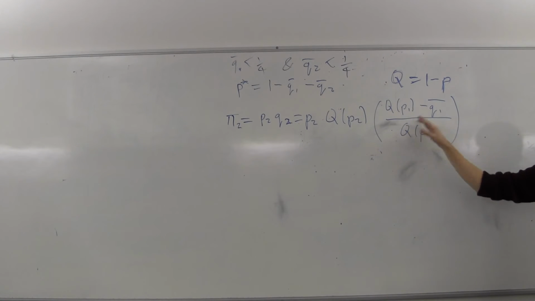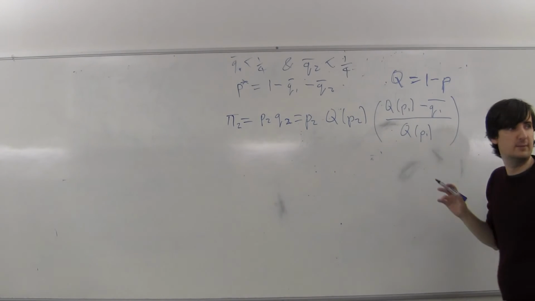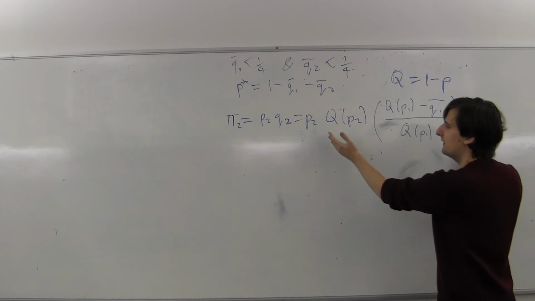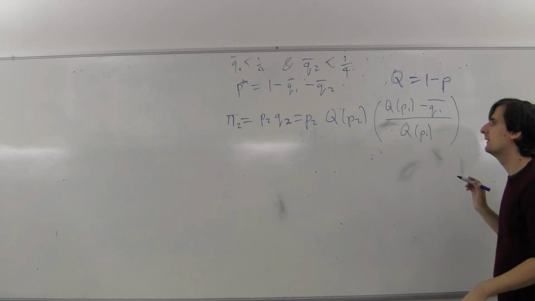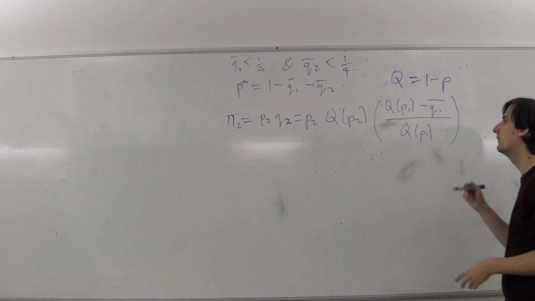With proportional rationing, this was the residual demand faced by the higher price firm. So if firm 2 deviates upwards, it's going to be the higher price firm, and it's going to face this demand curve, because Q1 bar people have already bought from the lower price firm.